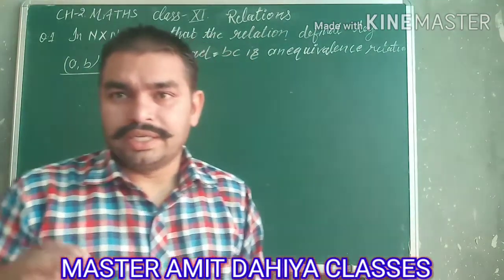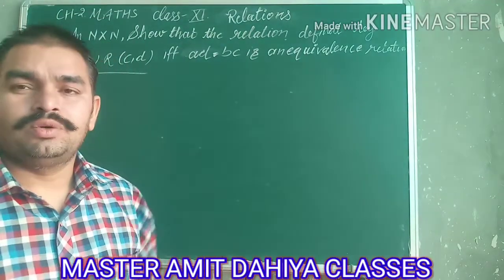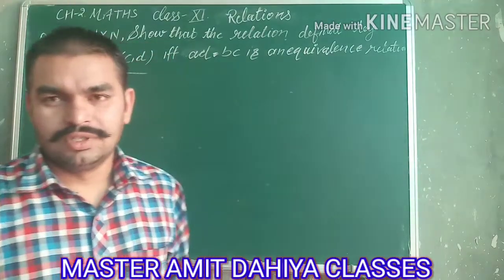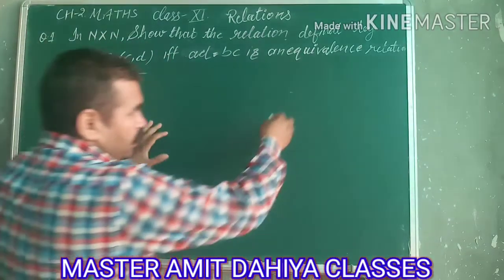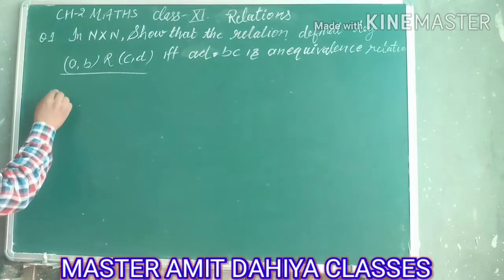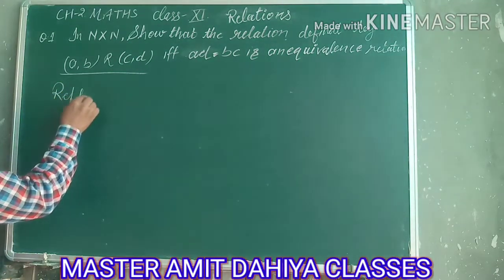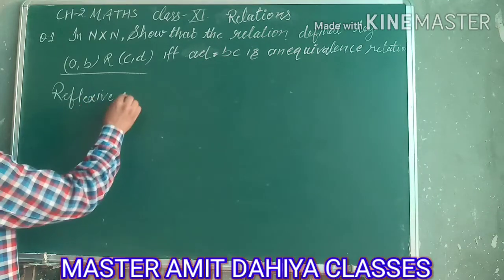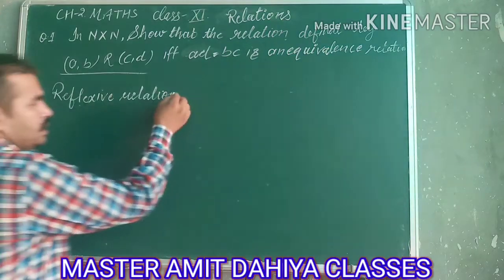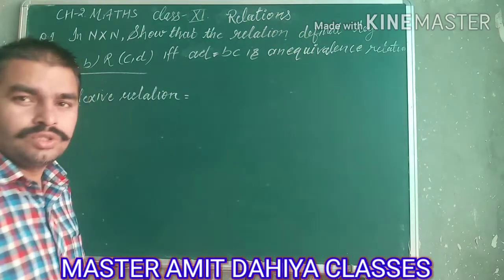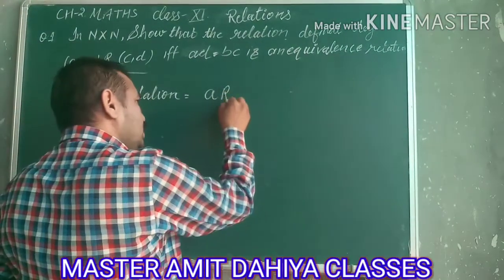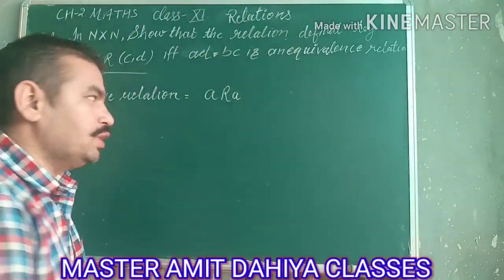So to prove that it is an equivalence relation, we have to prove that it is reflexive, symmetric and transitive. To prove reflexive, what is the reflexive condition? We know that reflexive relations are those relations which satisfy the condition that (a, a) belongs to the relation.